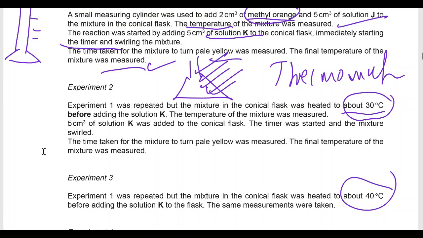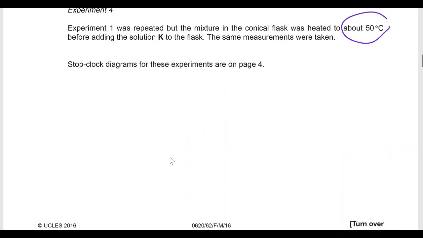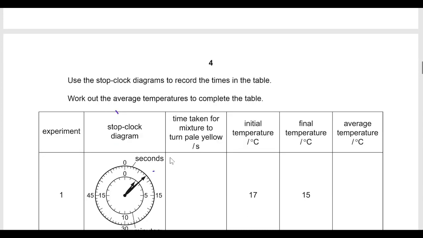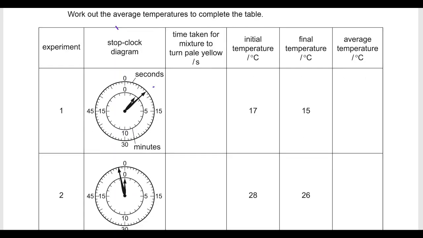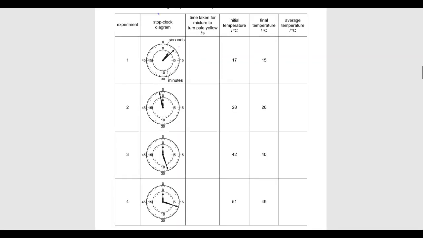So in this table you have the number of experiments 1, 2, 3, 4, and the stop clock diagram, time taken for the mixture to turn pale yellow in seconds. You have to calculate it from this stop clock diagram. Initial and final temperature are given also in the table, you just need to calculate their average.